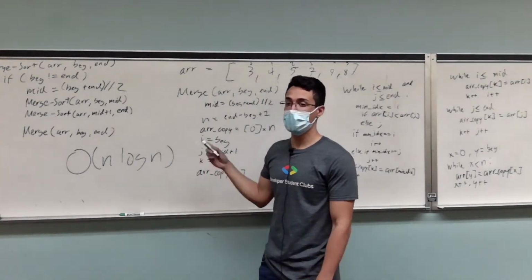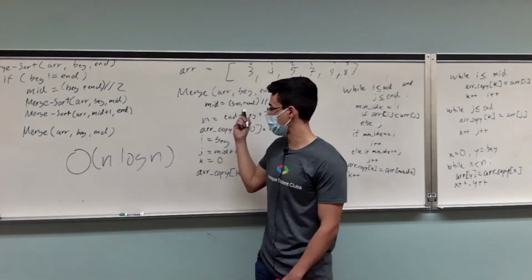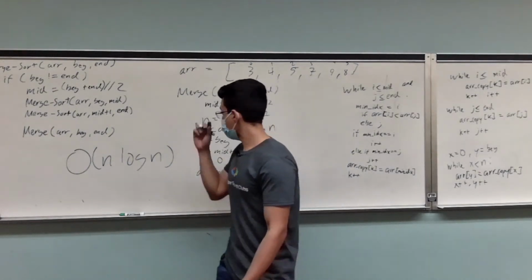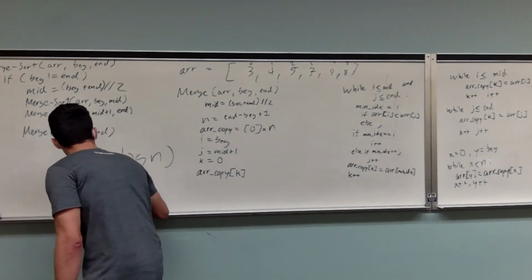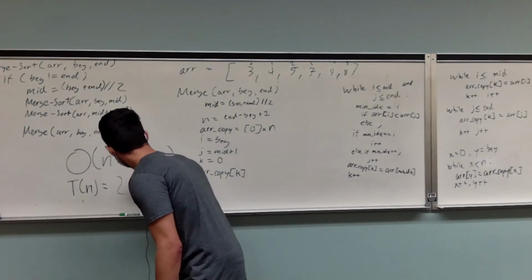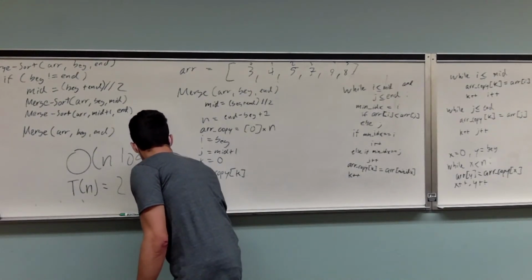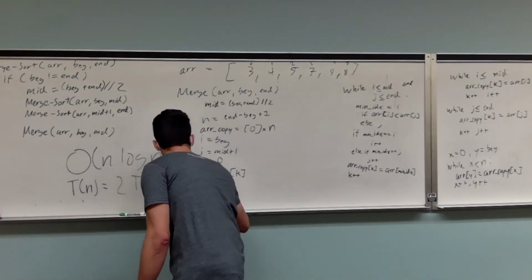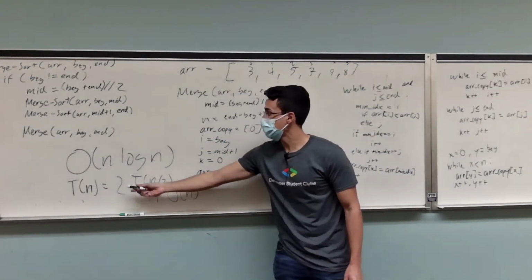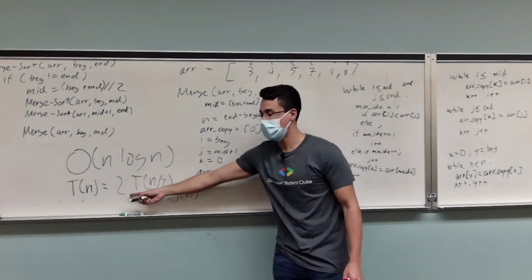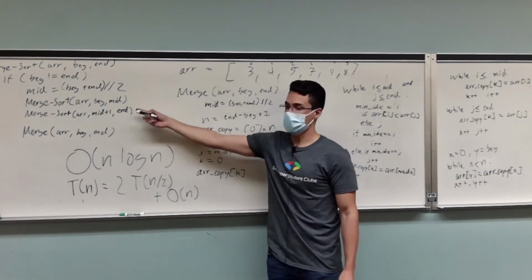So instead of doing 36, we did 18 in terms of running this algorithm. And this is the recurrence relationship for T of n. We run it recursively twice, and each time we cut it in half. That's what's going on there.